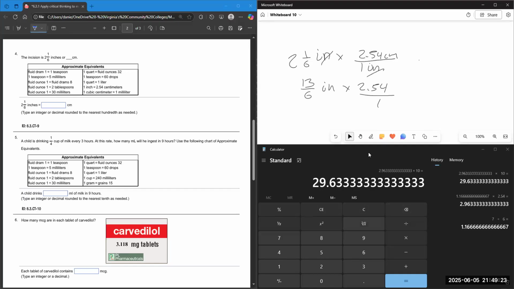Inches have gone away. So 13 times 2.54 divided by 6 is 5.503 repeating centimeters.